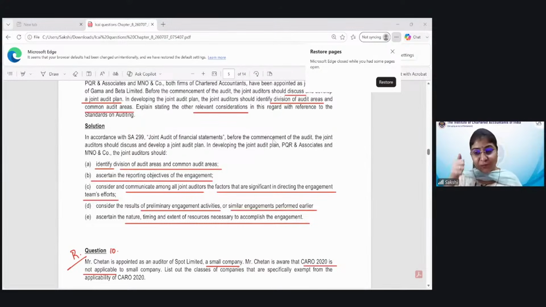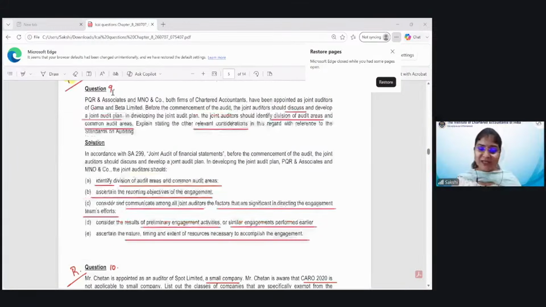Easy? Will you remember? Repeat with me. Identify division, ascertain the reporting objective, consider communicating among joint auditors, consider the results of preliminary engagement, and ascertain the NTE, that is nature, timing and extent of the resources. How many people are required, by what time will we be able to complete it. Clear to all of you?